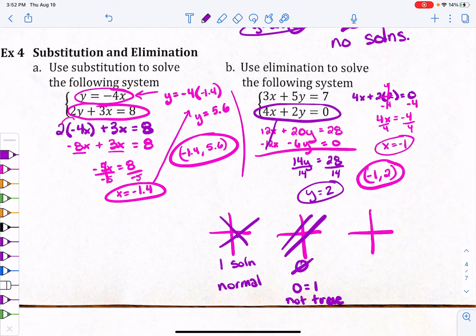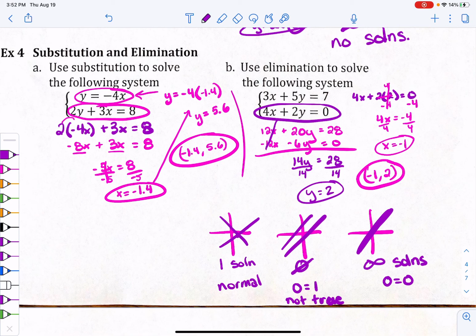Then you will end up with infinitely many solutions if you have two lines that are lying exactly on top of each other. And when you're doing substitution and elimination, you will get to a point where you have 0 equals 0, which is always true, right? 0 is always equal to 0.